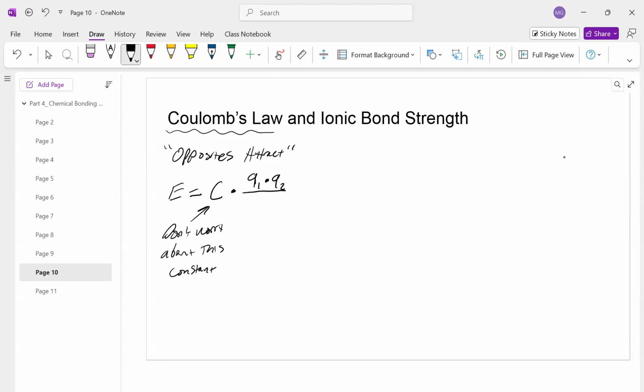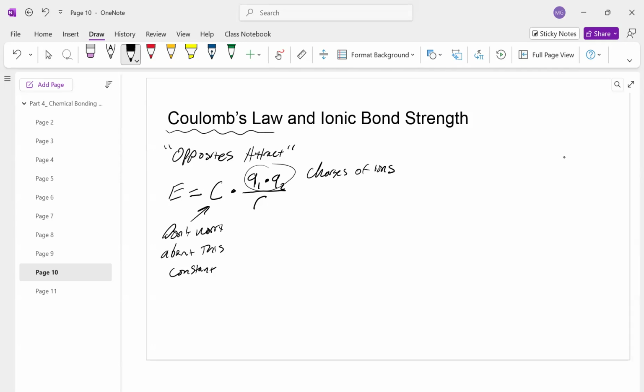That's not a 9, that's a Q. And all of this is over the radius between the ions. So Q1 and Q2 are the charges of the ions, so +1, -2, +2, -2, whatever the charges are on your ions.